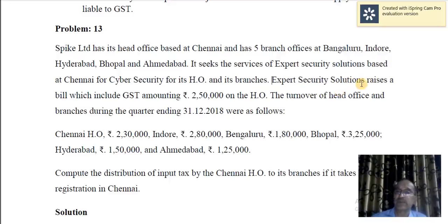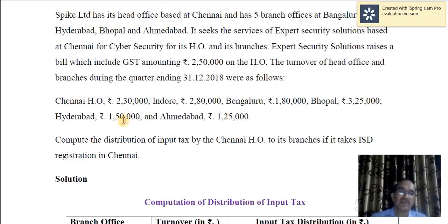Expert security solutions raises bill which include GST amounting to rupees 2,50,000 on the HO. The turnover of head office and branches during the quarter ending 31st/12/2018 were as follows. Chennai HO 2,30,000, Indore 2,80,000, Bangalore 1,80,000, Bhopal 3,25,000, Hyderabad 1,50,000 and Ahmedabad 1,25,000.